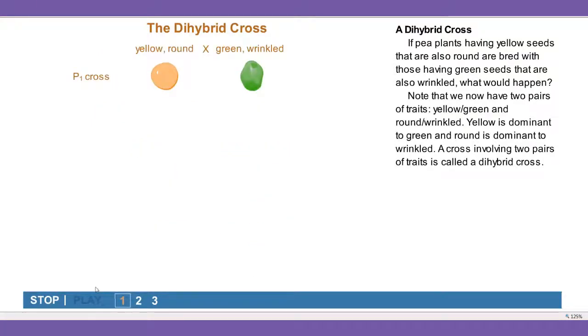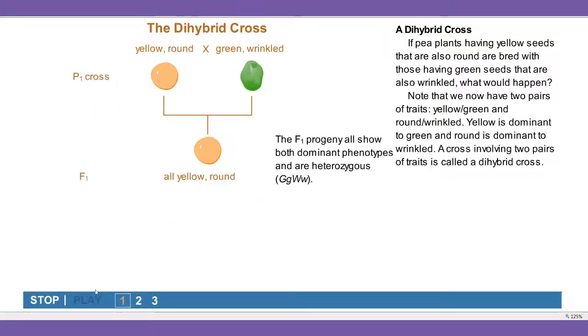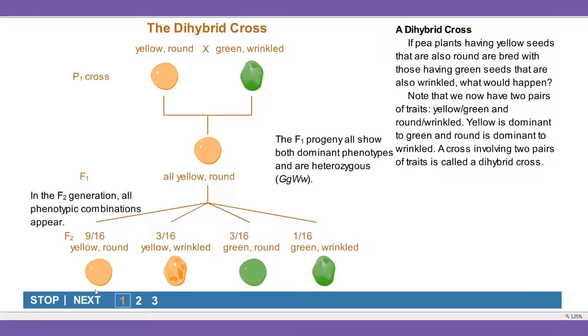So in the parental cross, when we cross the yellow round and the green wrinkled, we get all yellow round. So all the F1 progeny show that dominant phenotype. And then when we do the F2 cross, we get all 4 of the possible combinations with a very predictable ratio of 9 to 3 to 3 to 1.